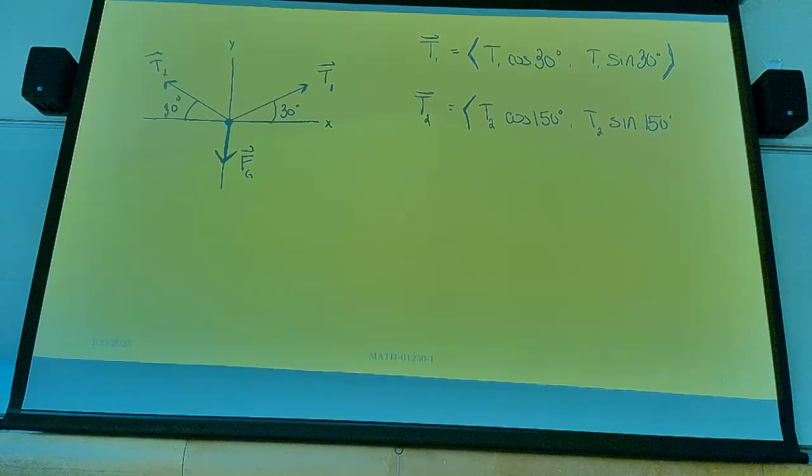That works. Or you could simplify it using reference angles and do negative T2 cosine of 30 and then T2 sine of 30. That would also work.